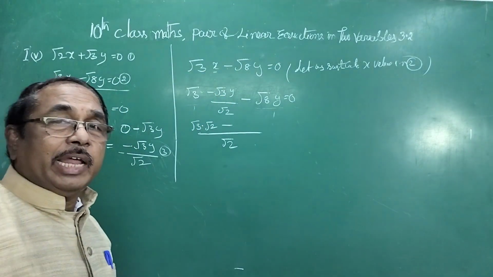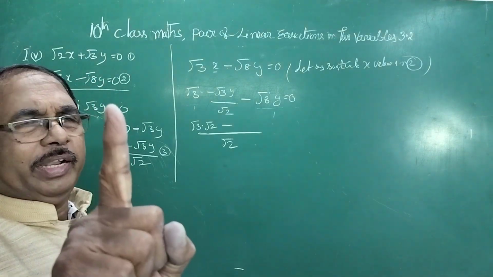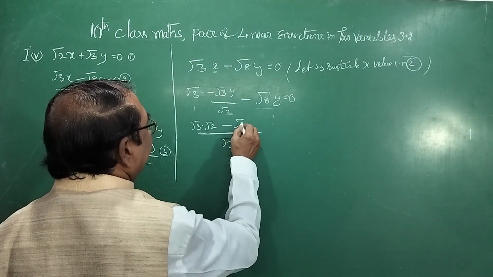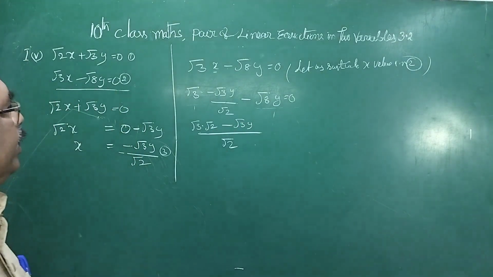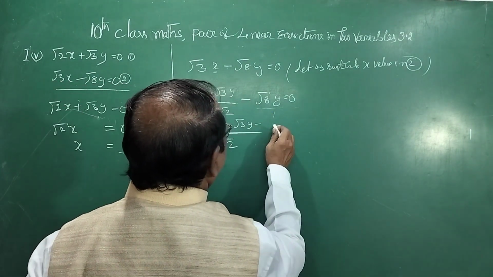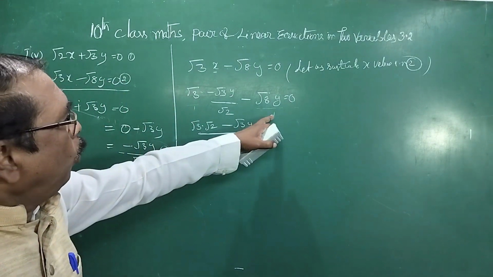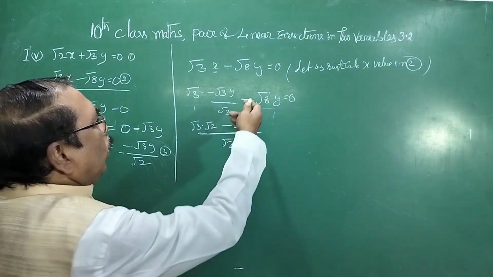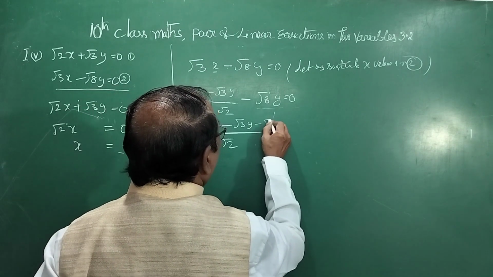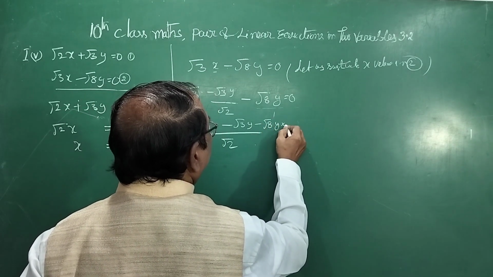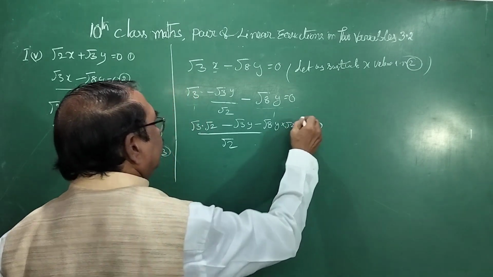Root 2 goes into root 2 only one time, so 1 into root 3y. Next, minus again. How many times does 1 go into root 2? Root 2 times, so root 2 into root 8y, equal to 0.